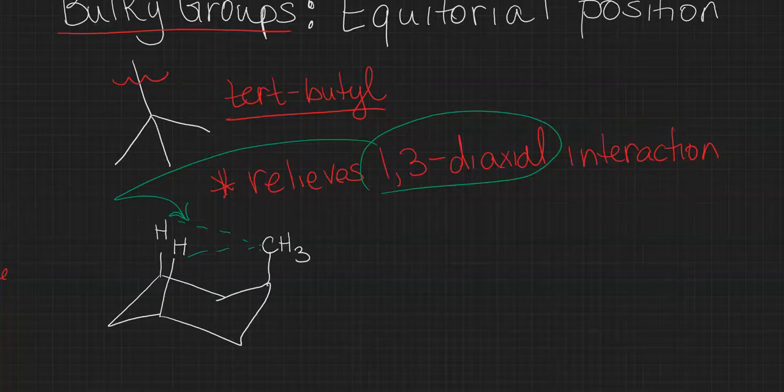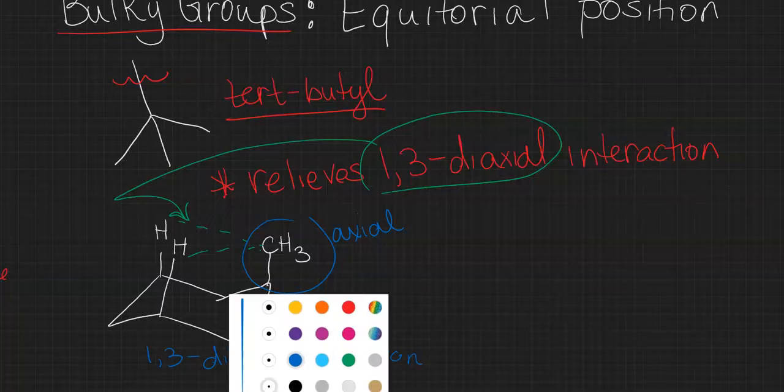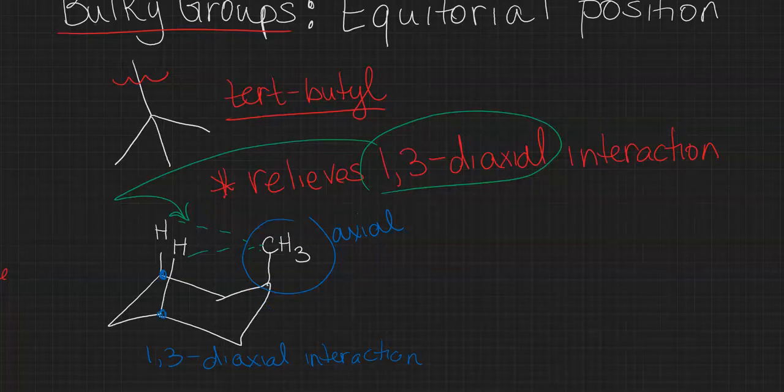So this is the diaxial interaction when the bulky group, or we'll just say the substituent in this case, is axial. When it's axial, we have 1,3 diaxial interaction. And that is what is shown in green. When a substituent can interact with those hydrogens.